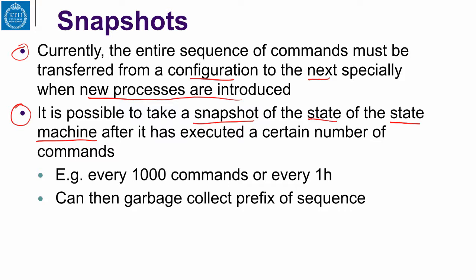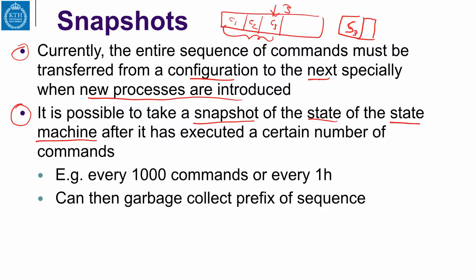So now, instead of having, for example, the sequence of commands C1, C2, C3, where this is the third command, you can instead have the state after executing the three commands, call it S, and say this is the log until slot number 3 or item number 3 in the sequence.